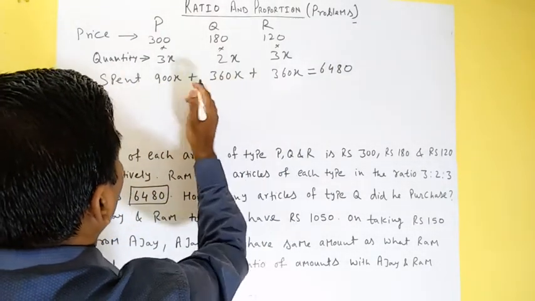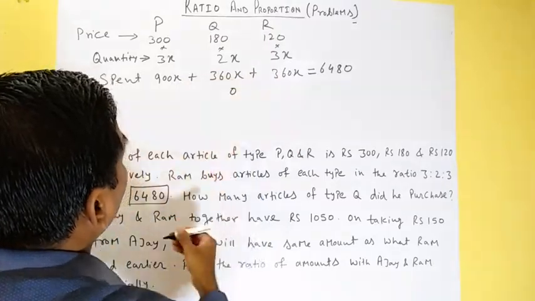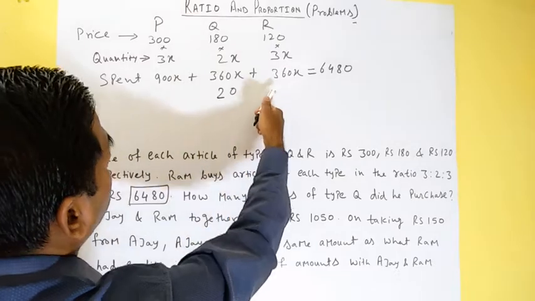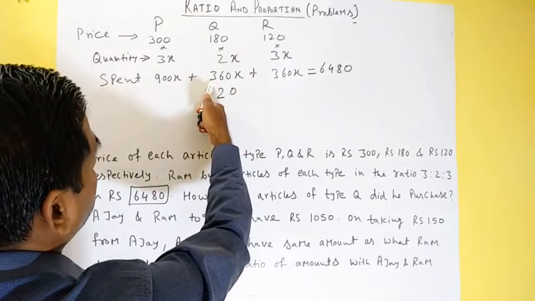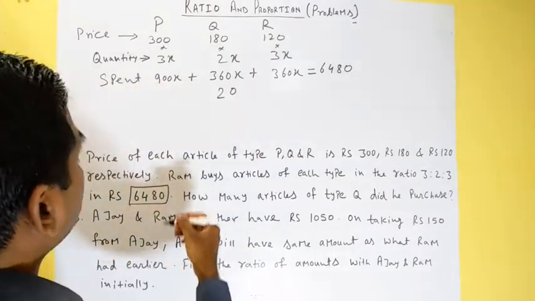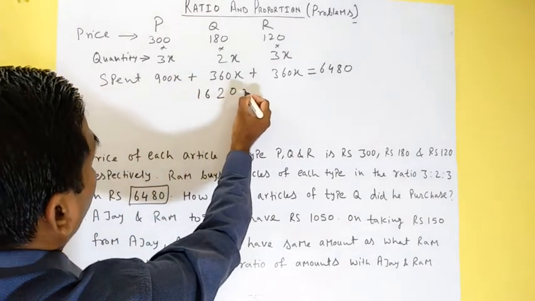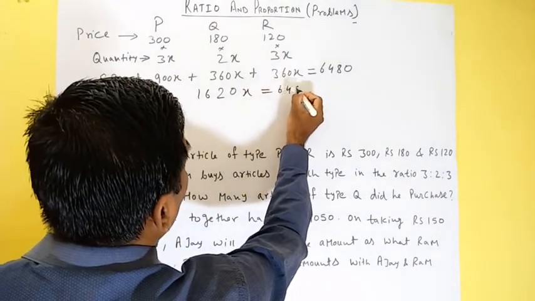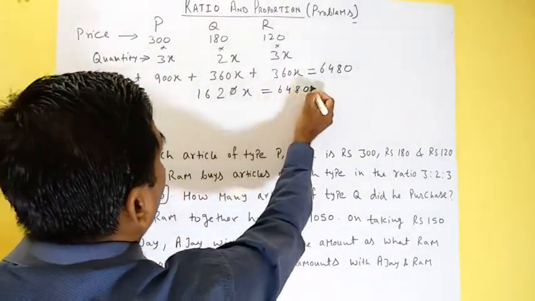Okay, so 0, 0, 0 will become 0, 6 and 6 will become 12, 2 and 1 carry forward, 3 and 6 and 1 carry forward will become 10, 7 plus 9 is 16. So 1620x is equal to 6480. Now 0 we can cancel.